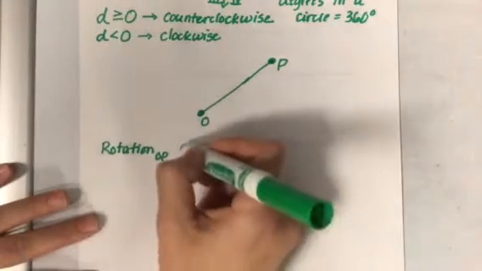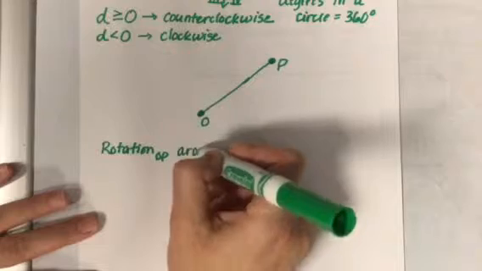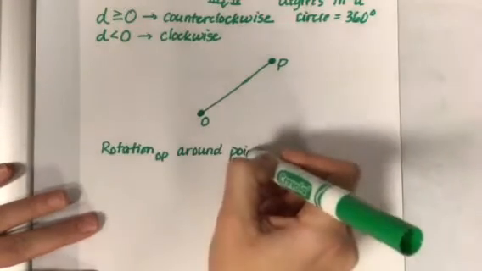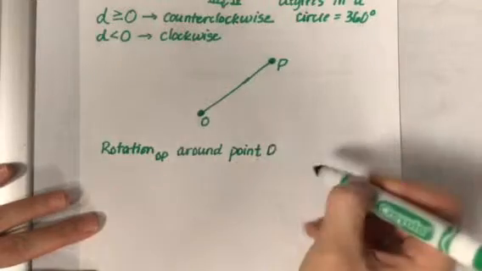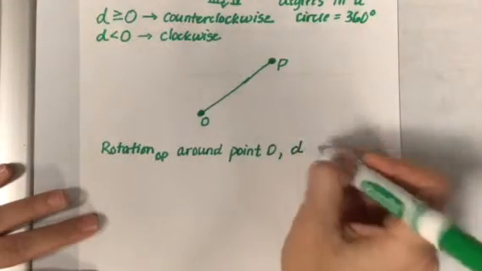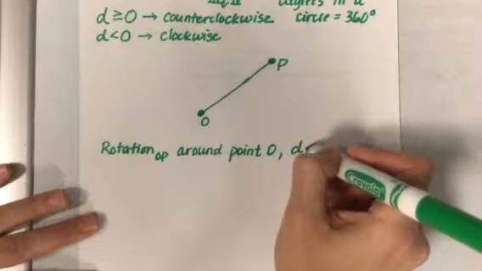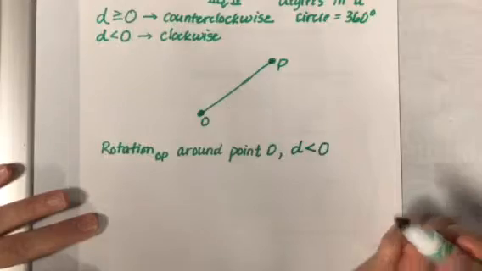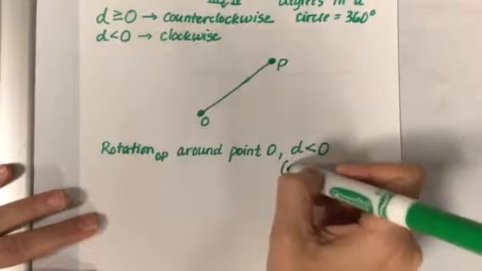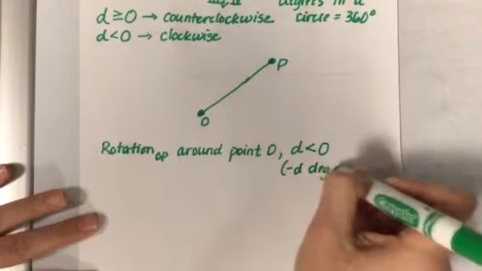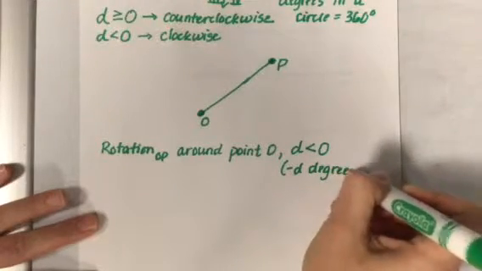And we're going to go around point O. And we're going to move D. Your degrees are going to be less than 0. Which sometimes will also be labeled as negative D degrees. Okay?